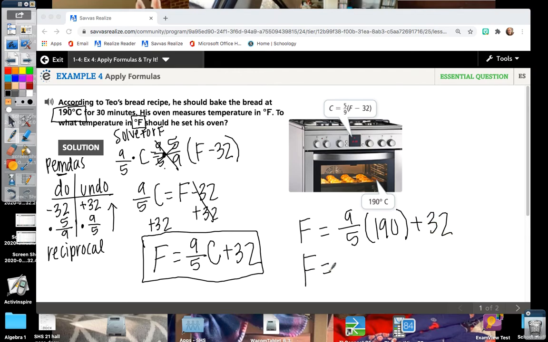So 9 over 5 times 190 plus 32 is going to give us 374. With word problems, make sure you use those correct units. This is 374 degrees Fahrenheit because we changed it to Fahrenheit. So pause the video and try example 4's try it.